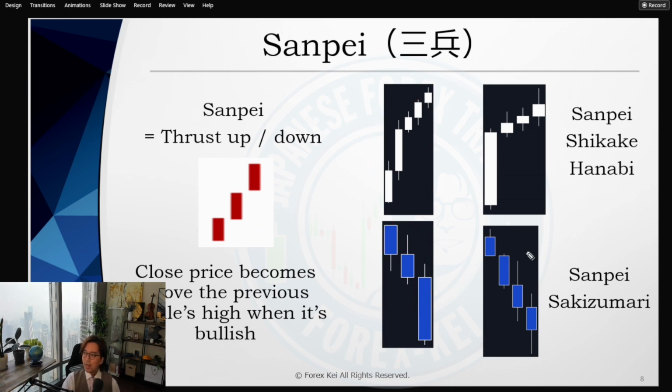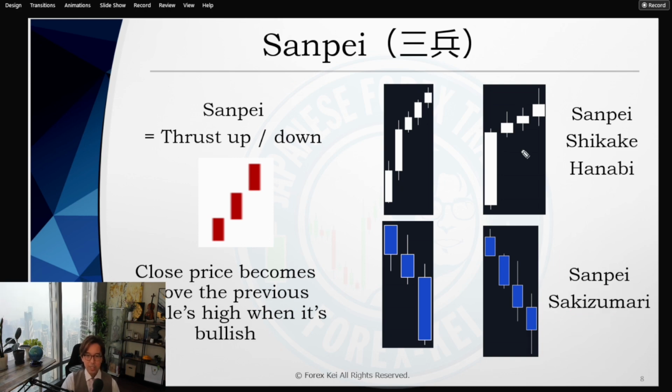And down here is called Sanpei Sakizumari. This also indicates the end of the downtrend. In fact, the last candlestick had a long wick down, and this indicates the end of the trend also.